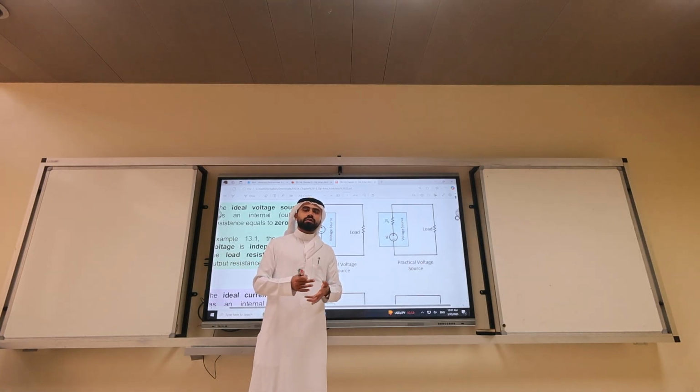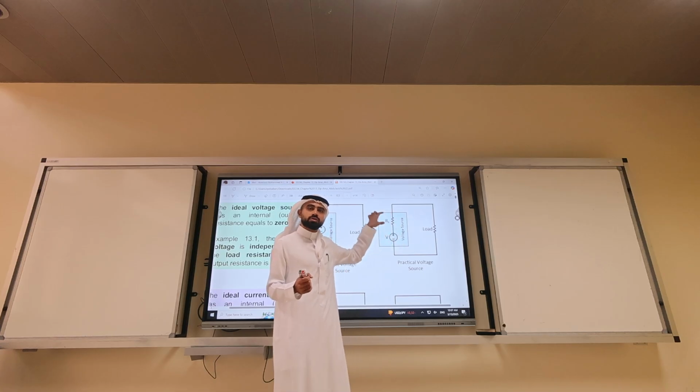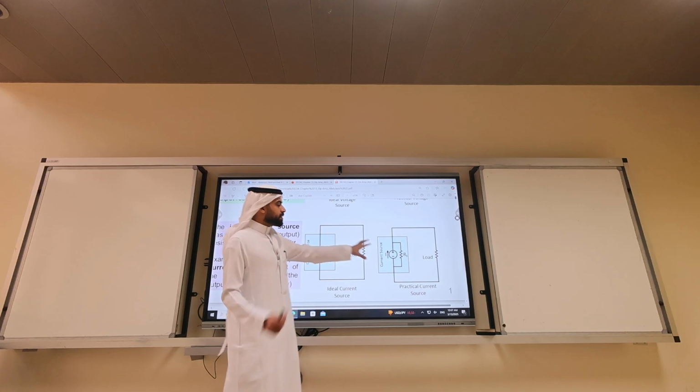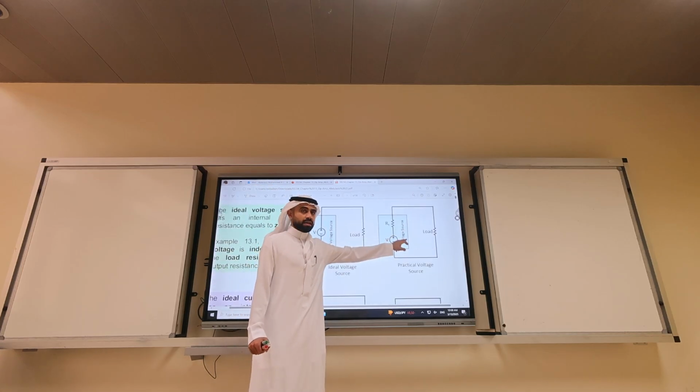If you have a function generator, it has internal resistance and cables. If you have a battery, it is too old, so it looks like there's an internal resistance. So not all 10 volts will apply to the load. Some of it will be consumed internally. Same for the current source, but this is not relevant for today's lecture. What's relevant for today's lecture is this case.